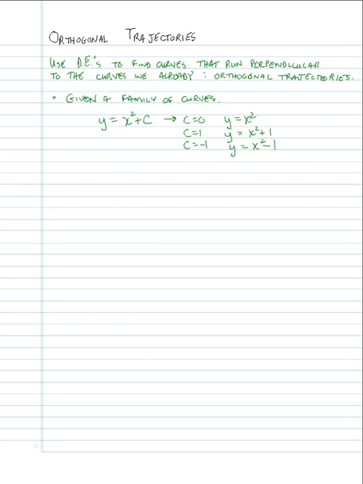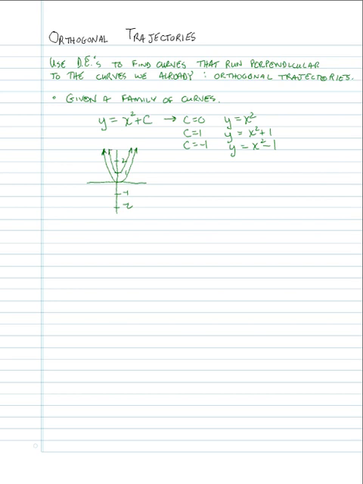But let's just take a quick peek at this particular situation. What would this look like? Well, if this is where 1 is, and this is where 2 is, and this is where negative 1 and negative 2, of course, y equals x squared, roughly, would be this curve. On the other hand, y equals x squared plus 1, that's when c is 1, would have a curve that looked like this.